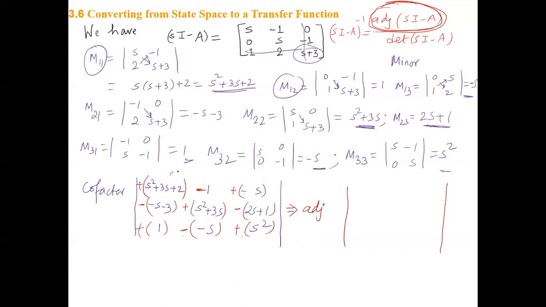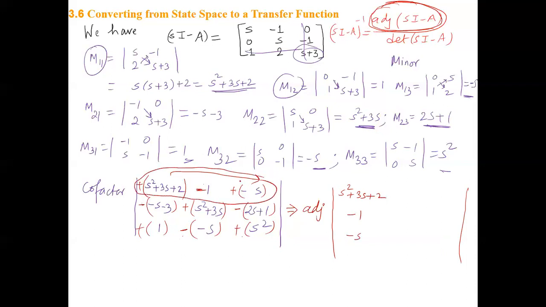So this guy goes to the column like this. So S squared plus 3S plus 2, then minus 1, minus S. Make sense?